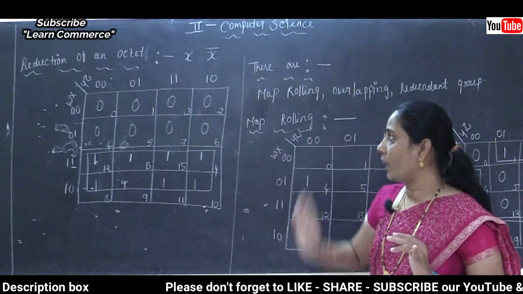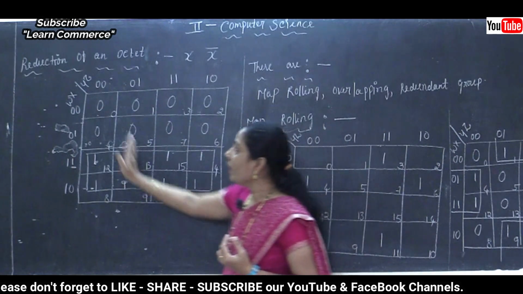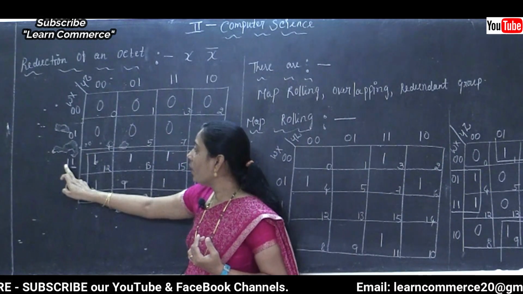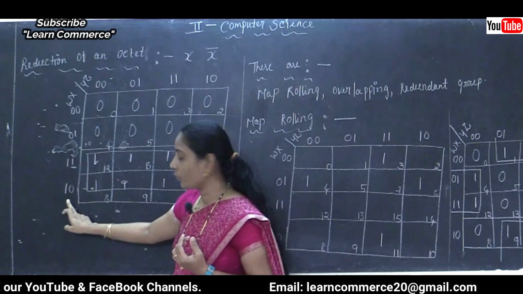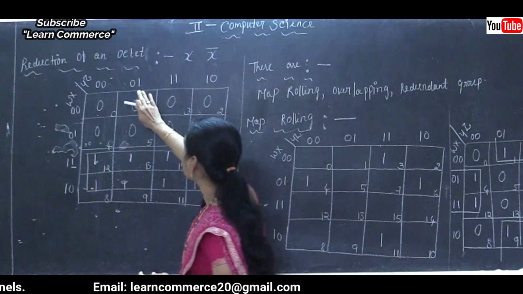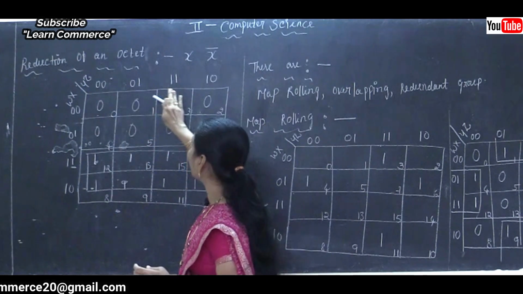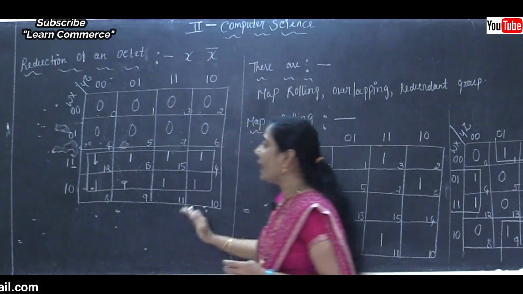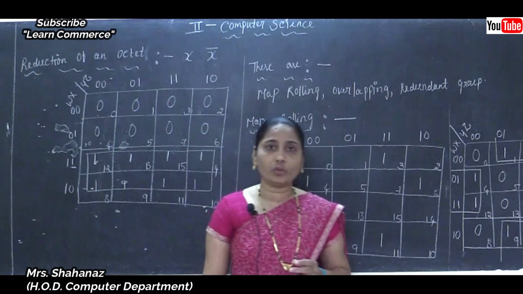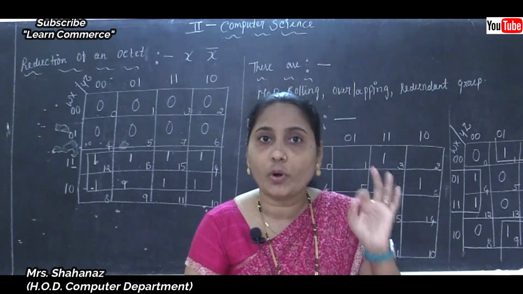Now I am going to complete one simple example for an octet. On the left side I am using the values 00, 01, 11, 10, and also on the upper side 00, 01, 11, 10. Next I am using some values. In the case of the octet, how many ones are we going to encircle?